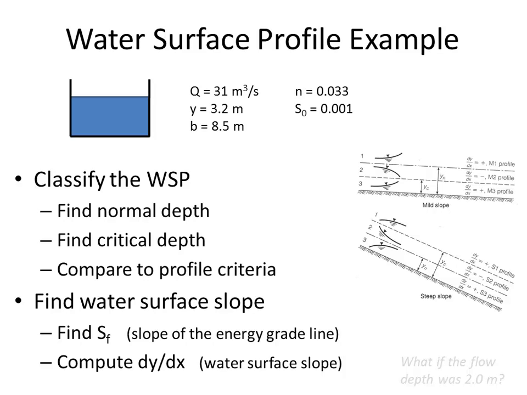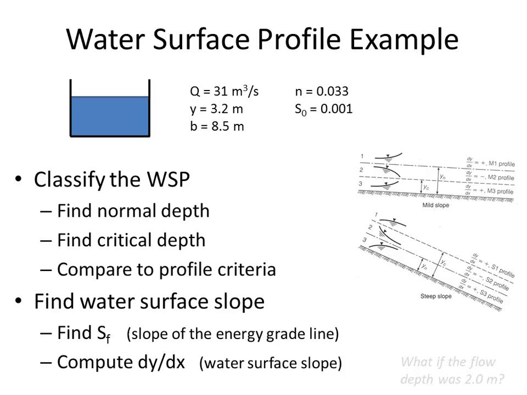Let's find the Froude number squared. So Fr squared, the formula for that is Q squared times T divided by g A cubed. 31 cubic meters per second, squared, times the top width of 8.5 meters, divided by g, 9.81 meters per second squared, and the area is 3.2 meters by 8.5 meters, that to the cubed.